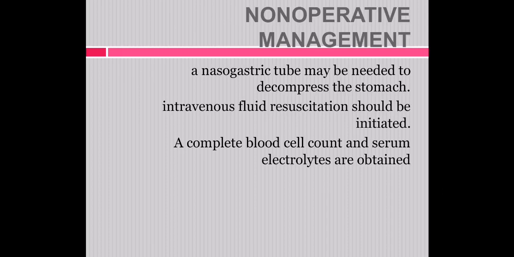Non-operative management is either hydrostatic reduction or pneumatic enema reduction. Hydrostatic enema reduction is done by injection of contrast material, Omnipaque, through the anus, with the fluid column at 3 feet height for 3 minutes.